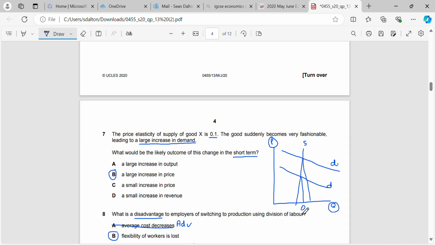Okay, so I'll just put in the lines here for you to clearly see that. And we can see the big increase in the price of the product and the small increase in the output of the product. Okay, so all of those other options are irrelevant because we can see it once we know the shape of a very inelastic supply.